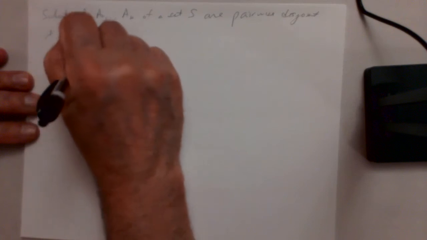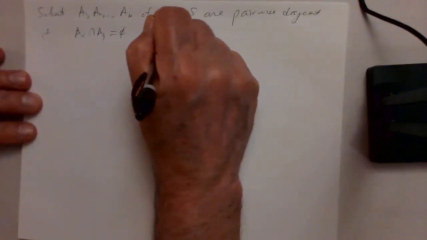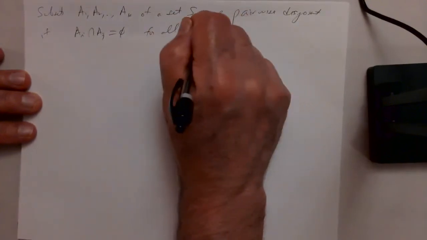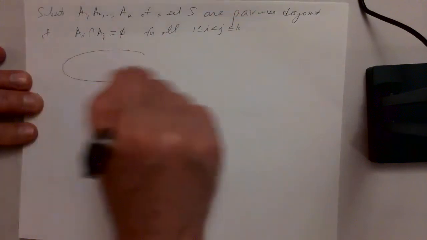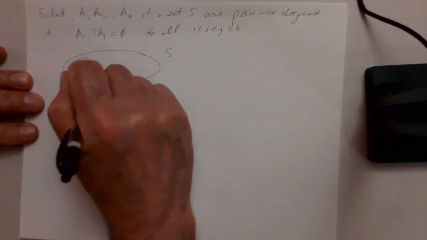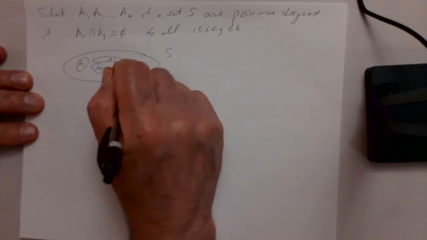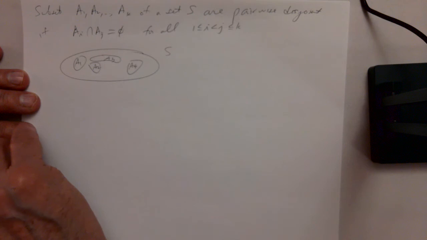So A_i intersect A_j is empty for all integers i different from j, or all i less than j between 1 and k. So if this is the set S, this is A1, this is A2, this is A3, and this is A4, these sets are pairwise disjoint. They have nothing in common.